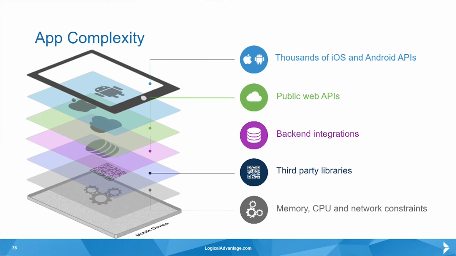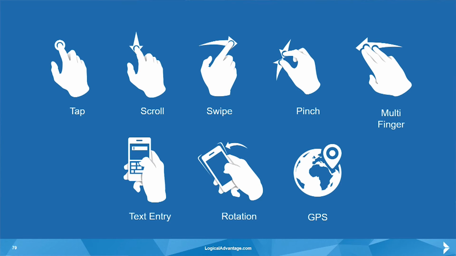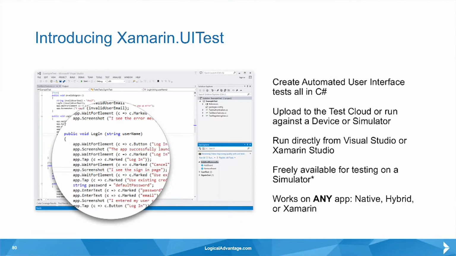Your app is complex. One thing to reduce some of this is to have simple commands for simulating on all your different devices. You can simulate maybe a tap or a scroll or a swipe, and Xamarin makes a concept for those that would work across all your devices, and then you can add those together in a Xamarin UI test project.